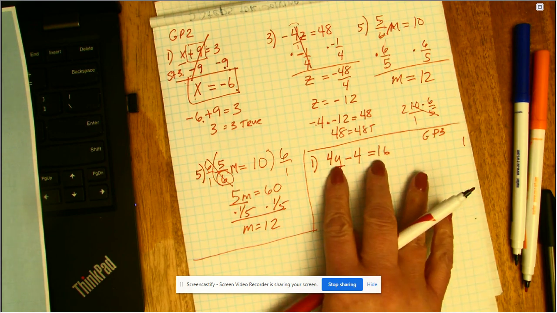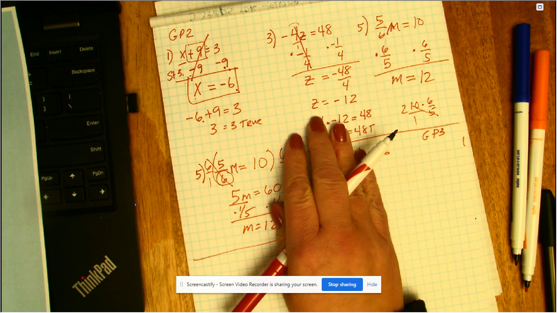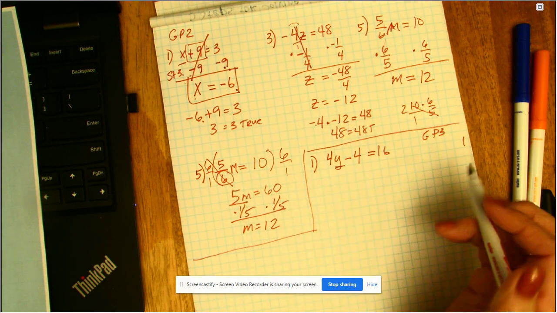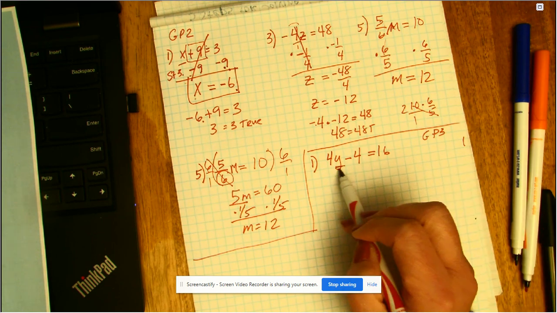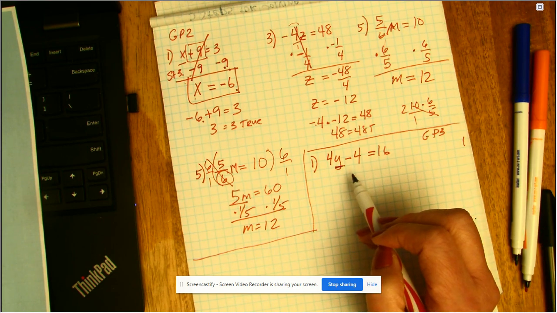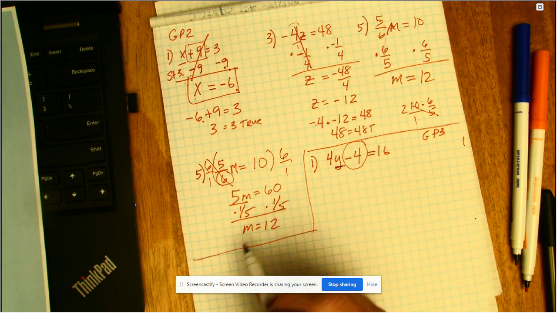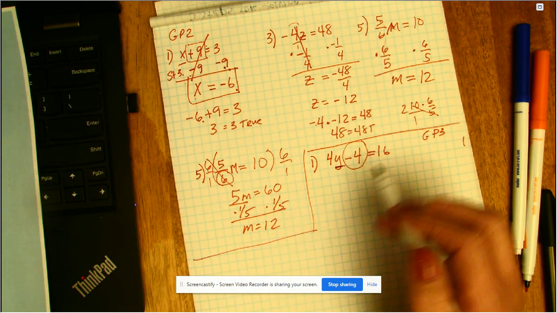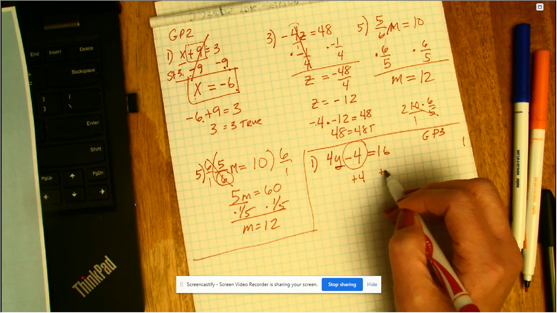Again, no grouping symbols, no like terms over here, no like terms over on this side. So then I go to the rewind step. So if my goal is to get y by itself, I first want to eliminate the term that's not part of the variable. So the opposite of a -4 is a +4.